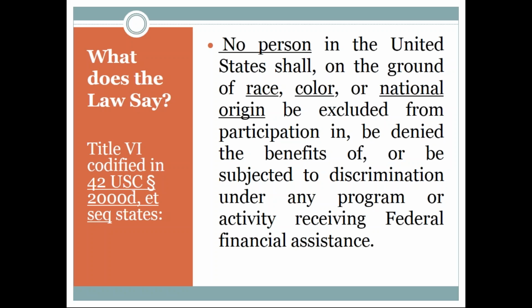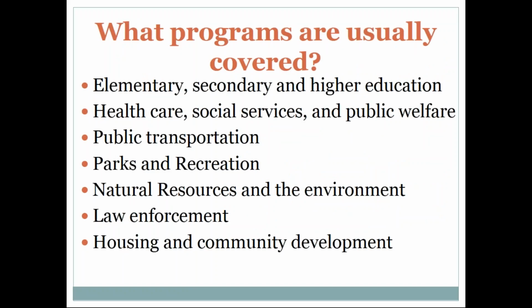So again, it's very simple. We're really hitting on race, color, and national origin in this particular anti-discrimination law. And this law covers a lot of organizations, particularly nonprofits, governmental organizations, and others. And we'll talk a little bit about that.